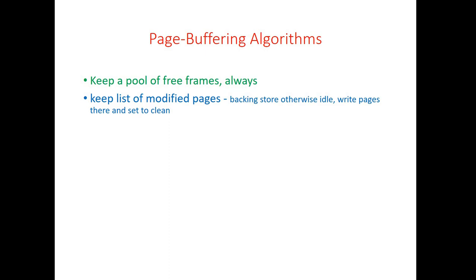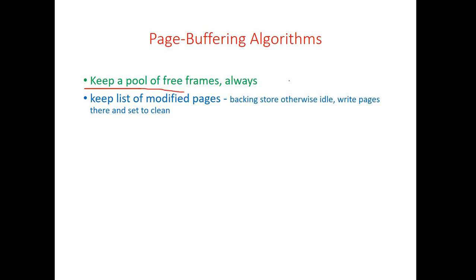In order to save the time for the operating system to identify the victim page for page replacement, the operating system can follow these techniques, that is page buffering algorithms. According to page buffering algorithms, the first method is maintaining a pool of free frames always.